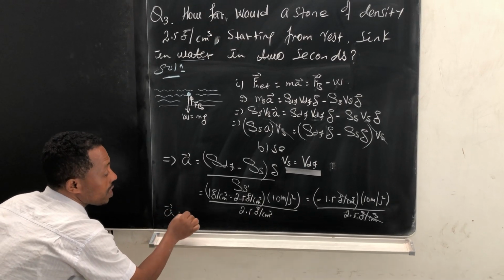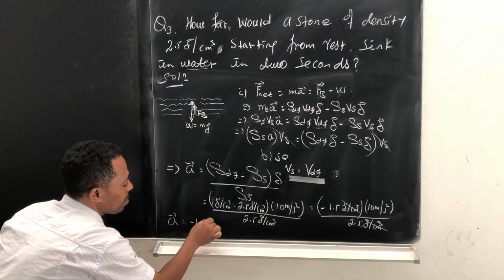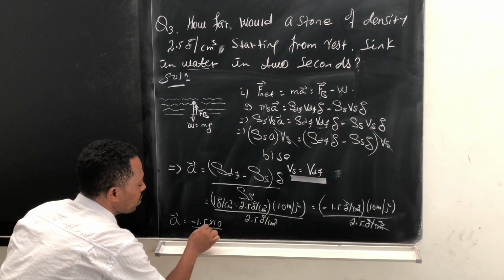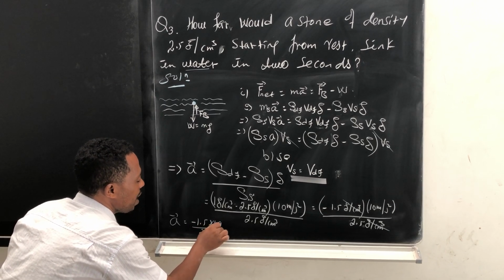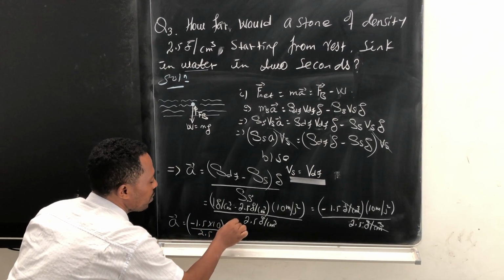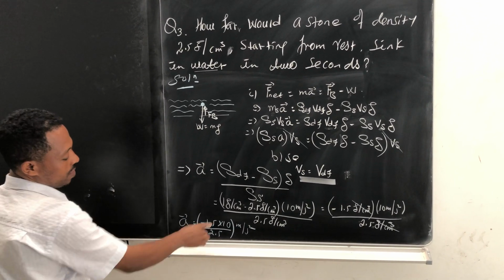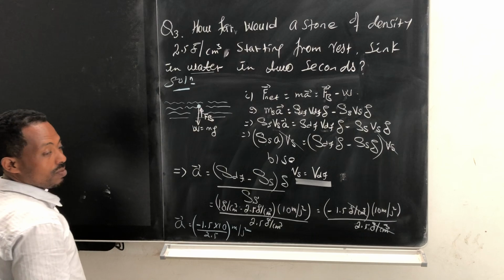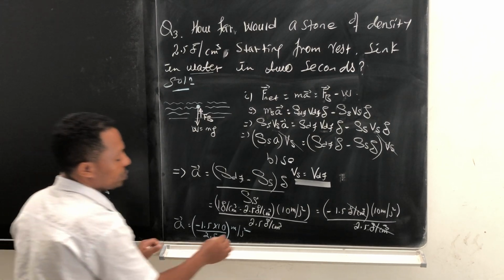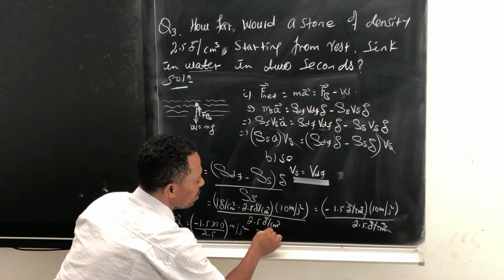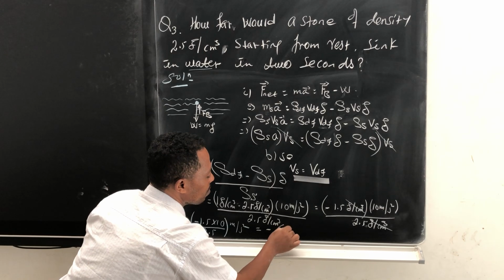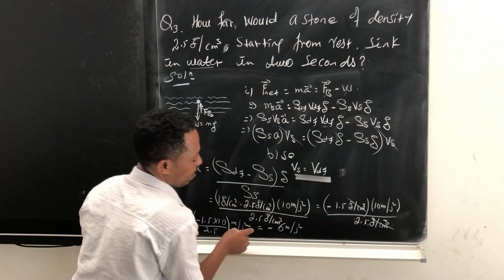The acceleration becomes negative 1.5 times 10 over 2.5 meter per second squared. 1.5 divided by 2.5 is 0.6, times 10. It becomes negative 6 meter per second squared.